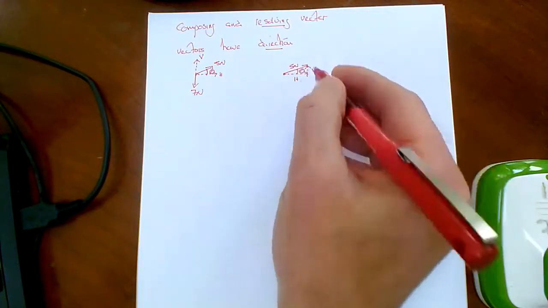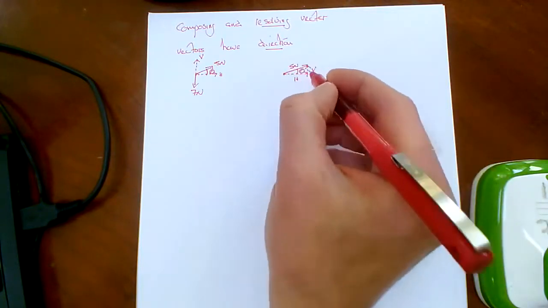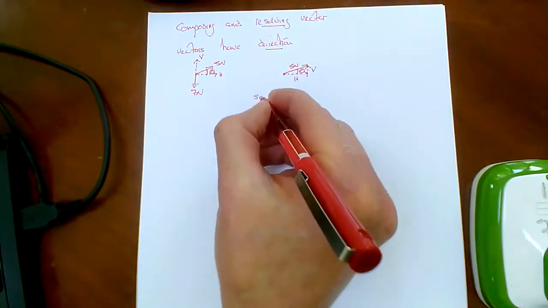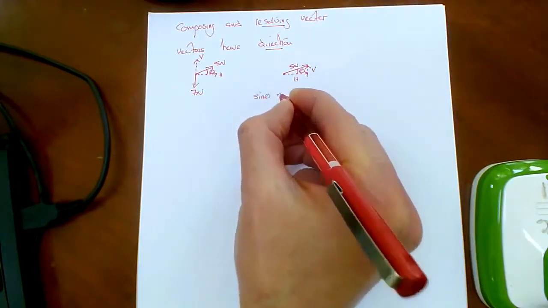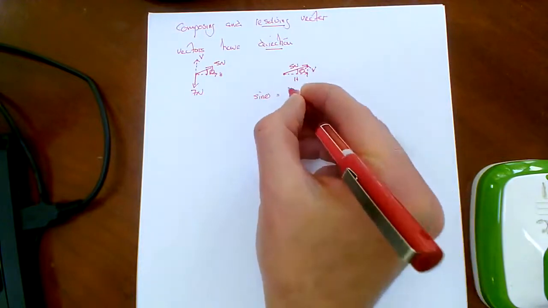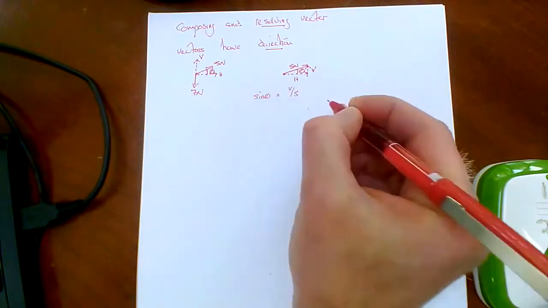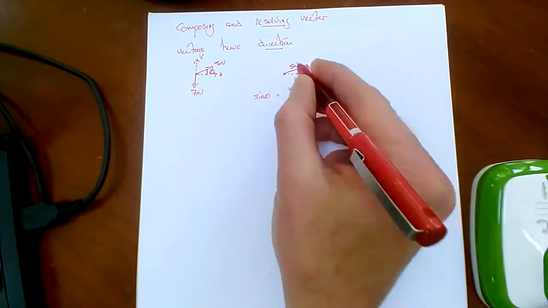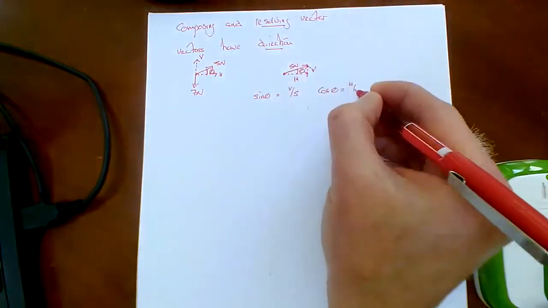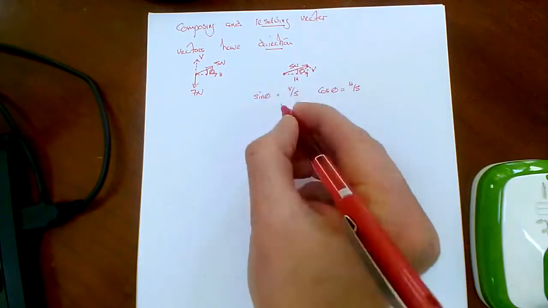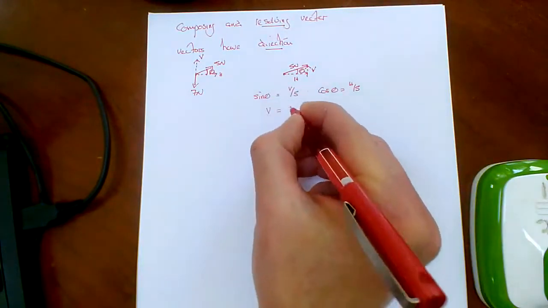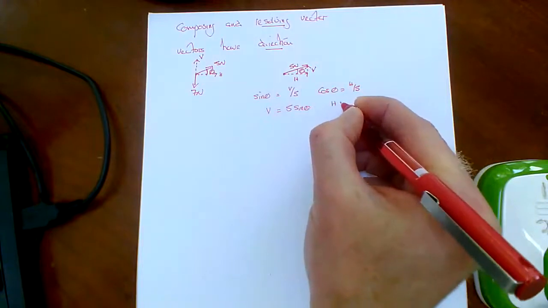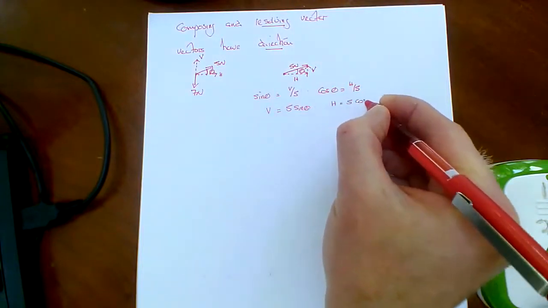So if we look at our right angle triangle here, we have sine of theta would be this over 5 and cos of theta would be this over 5, and so V would be 5 sine theta and H would be 5 cos theta.